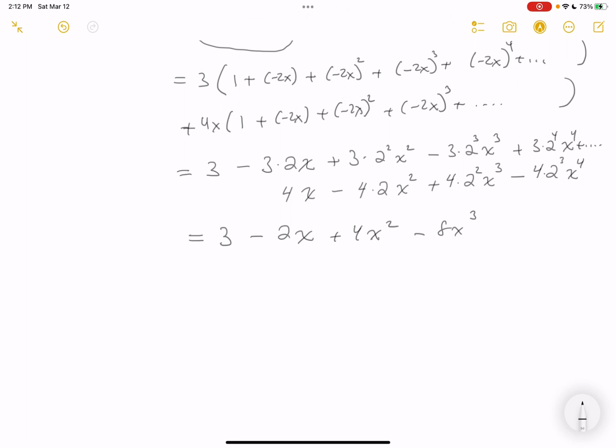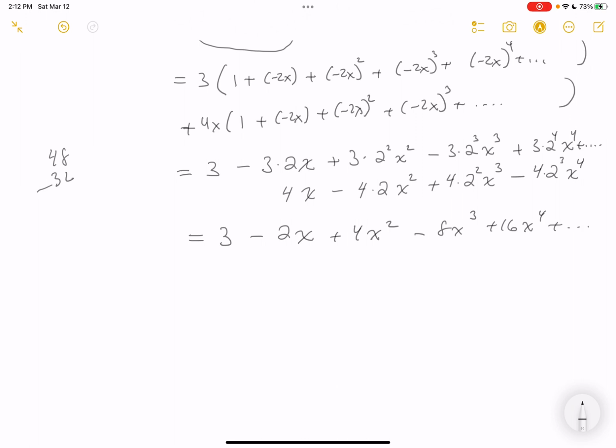And let's see, 1, 2, 3, 4, we have one more term, right? 16 times 3, that's 48, and 8 times 32, and that's going to be 16, right? Write that down, 16x to the 4, and so on.